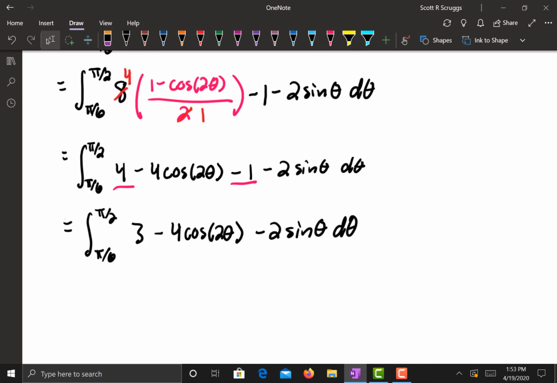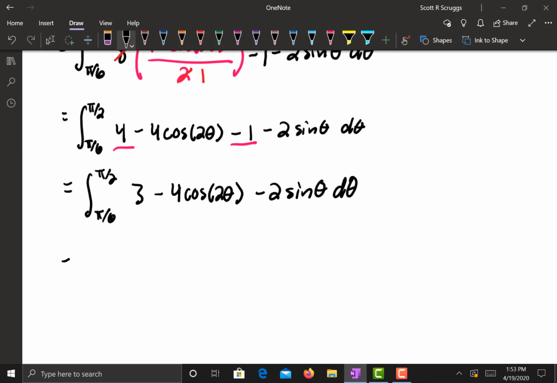And if I integrate now, I get the following. Antiderivative of 3 will just be 3 theta. Antiderivative of cosine of 2 theta is just sine of 2 theta over 2. But because of that 4, that's 4 over 2, which is 2 times sine of 2 theta.